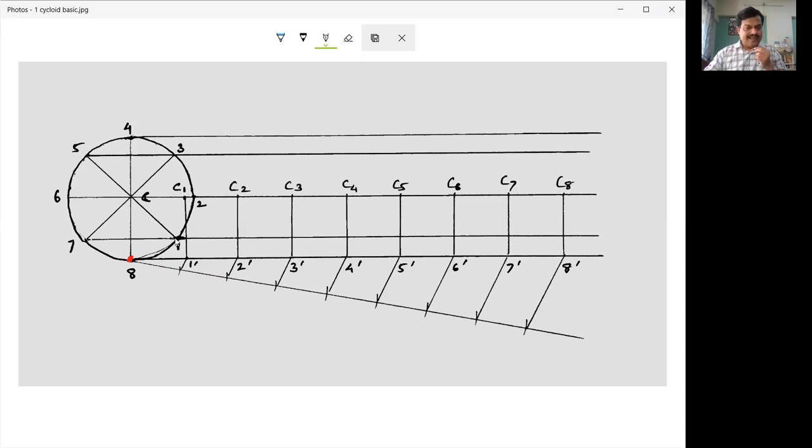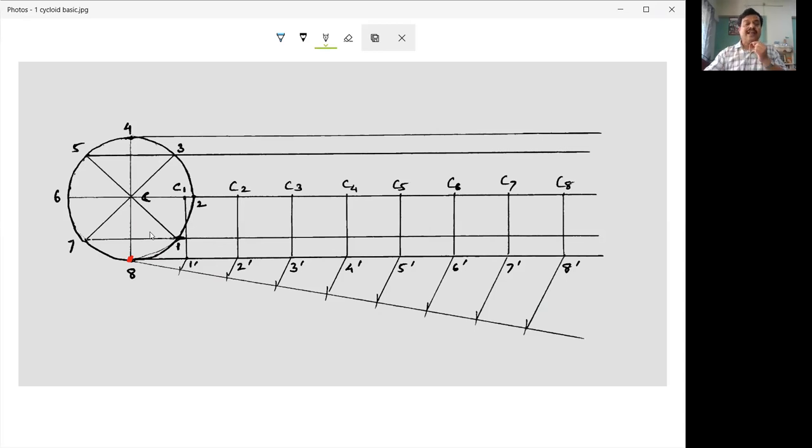Hence, when 1 touches 1 dash on the ground, one thing we know for sure is point 8 would now be in the position where 7 originally was. But at the same time, the wheel has also advanced forward. The wheel is not stationary at one point. Hence, even though 8 has reached the position of 7, it is not exactly here. It has moved forward also because the wheel has gone in the forward direction.